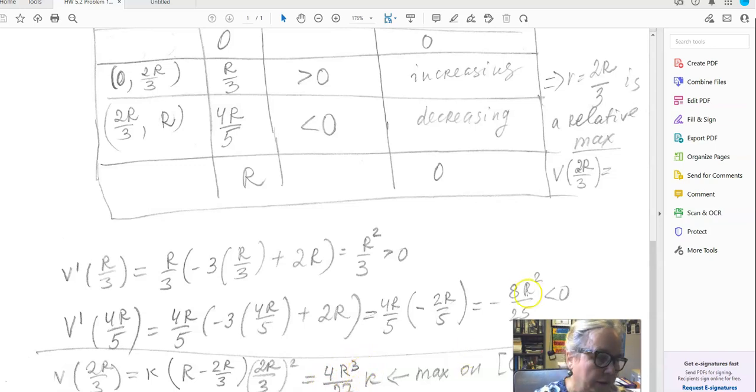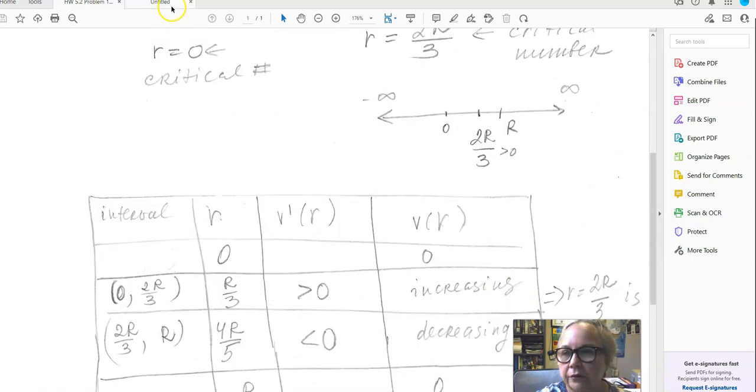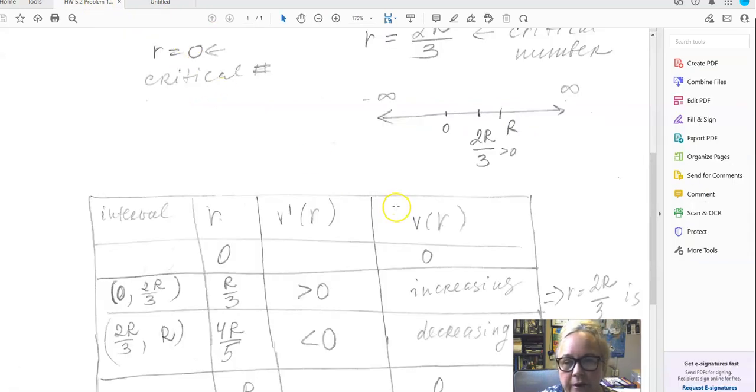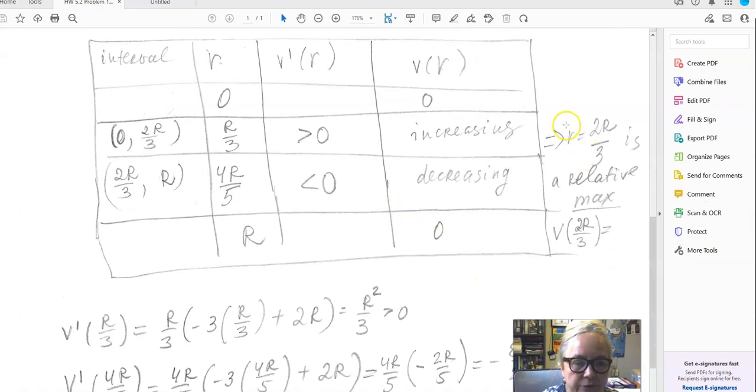Again, the question to the problem was what radius, lowercase r, will produce the maximum air velocity, and it's a good habit to read the question once again before you submit. So the maximum velocity will be produced with the radius 2 times capital R over 3.